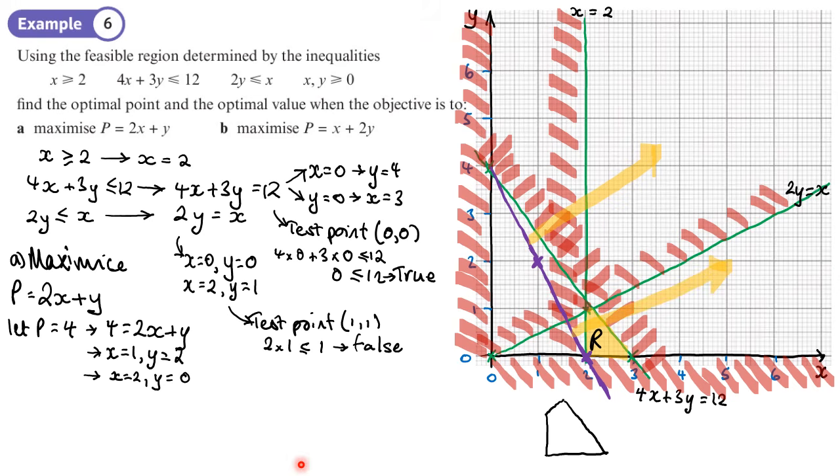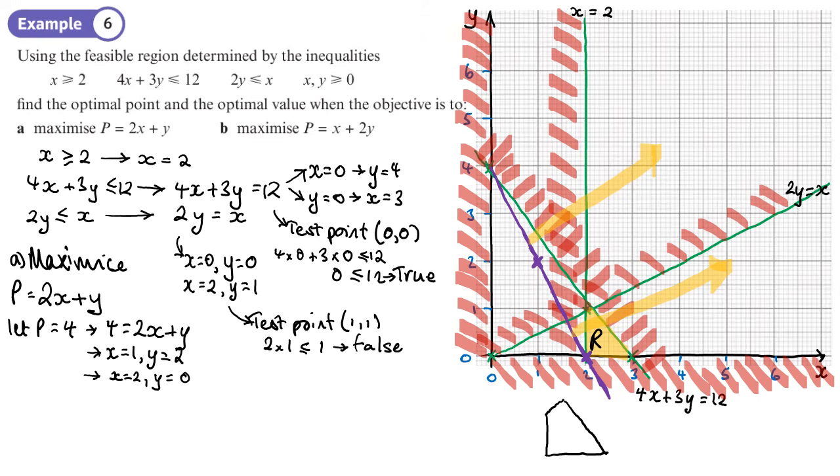And because we want to maximize, we want to find what the last vertex this will pass through. Now it is easier to see with a ruler, but as this line moves across here and we draw parallel lines to it, any line parallel to this, the last vertex it passes through is going to be this one here. That will maximize, so that will be (3, 0).